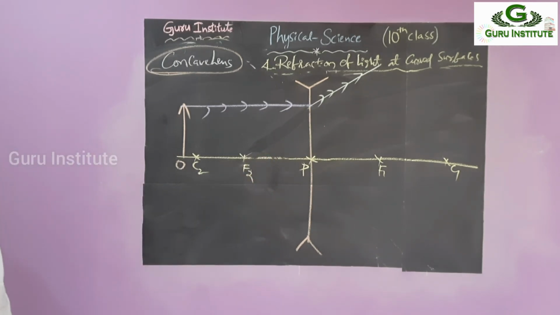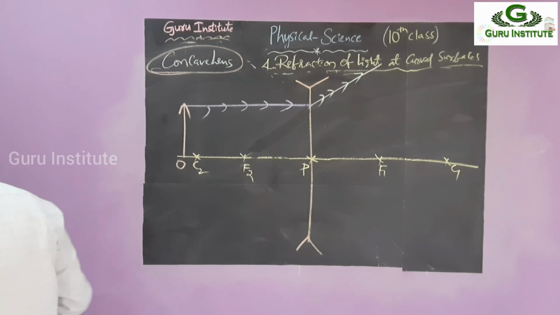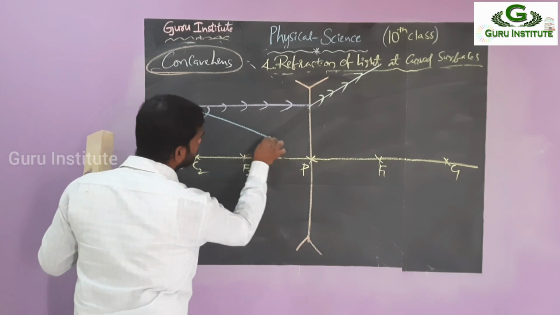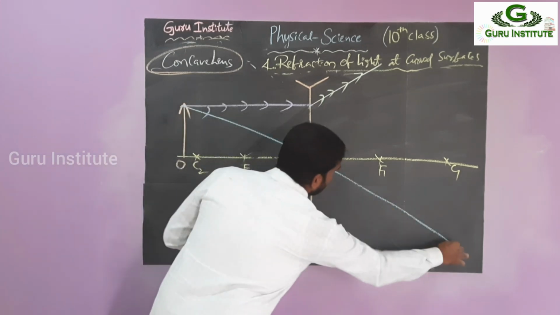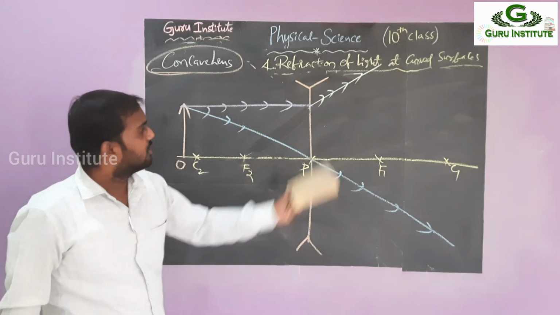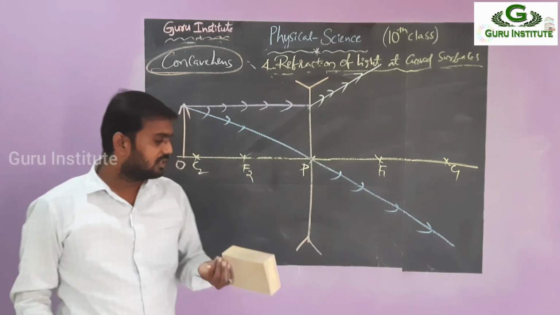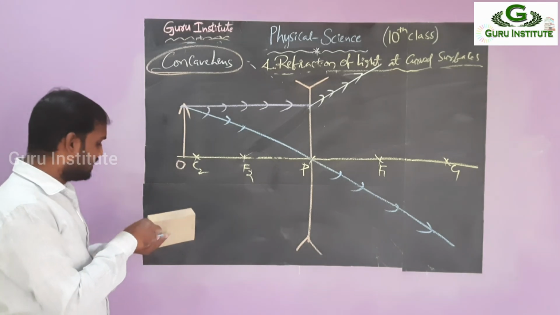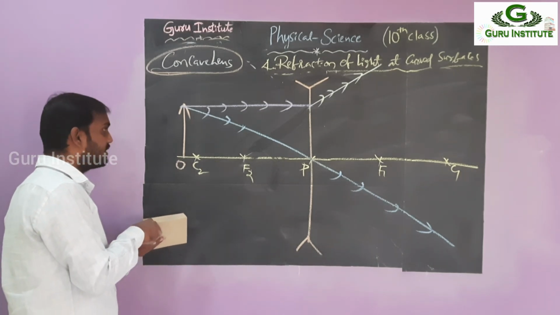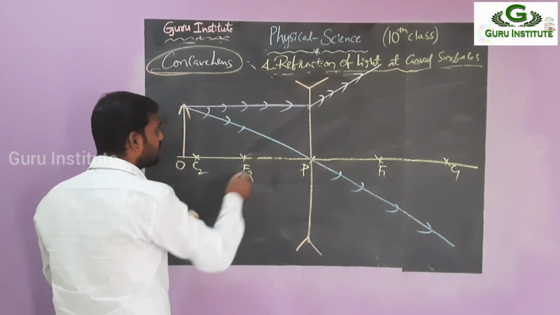Passing through pole, no deviation is there. Just we have to check it once. So passing through pole, right? Whether they meet, one is going upside, one is going downside, right? What we have to do, if they do not meet directly, is extend into the back side. So just extend into the back side, and we will see what we get.